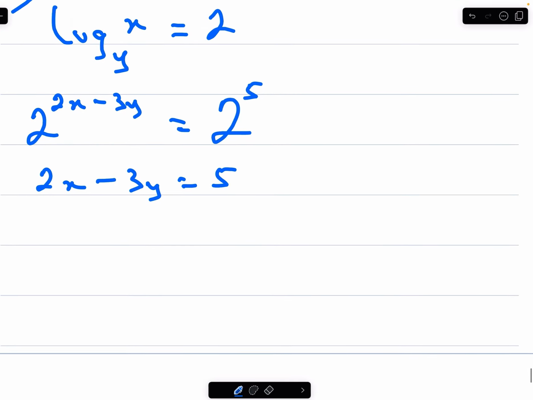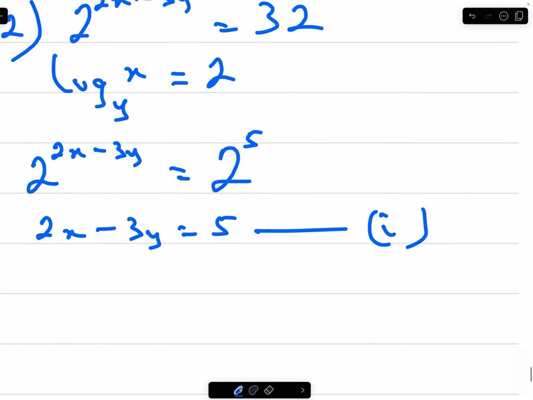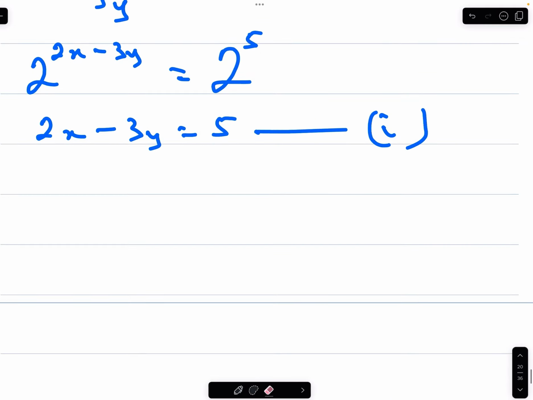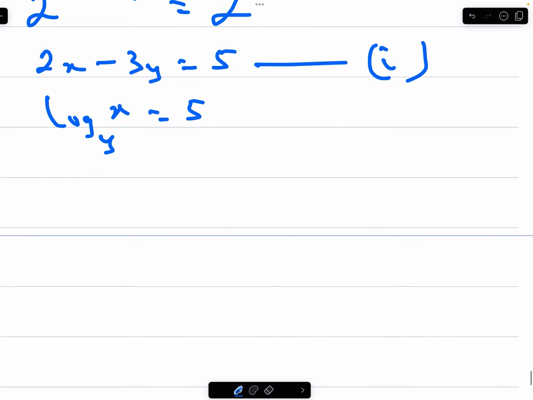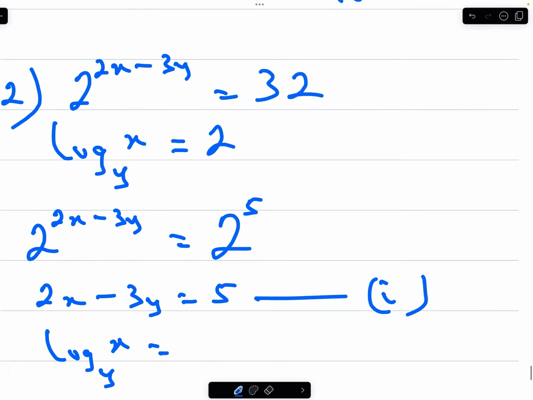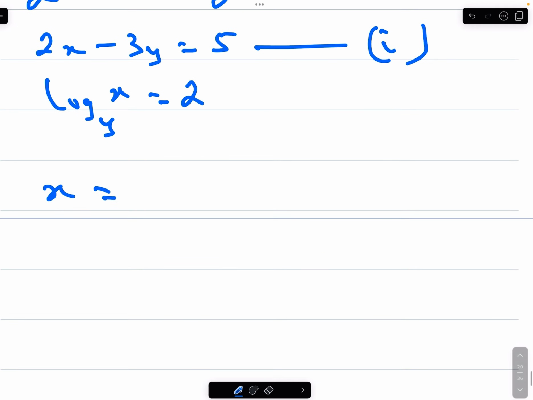Now let me call this equation 1. From the second equation, if log x base y equals 2, that simply means x is equal to y squared.